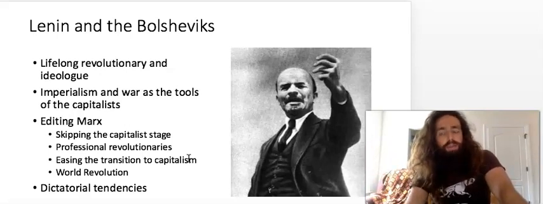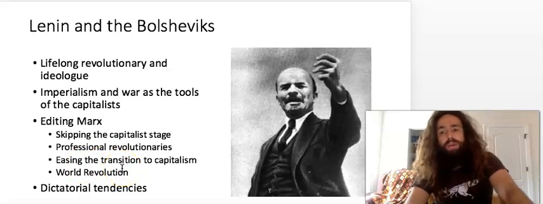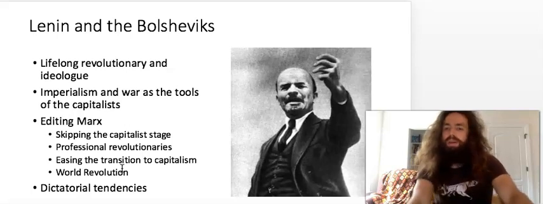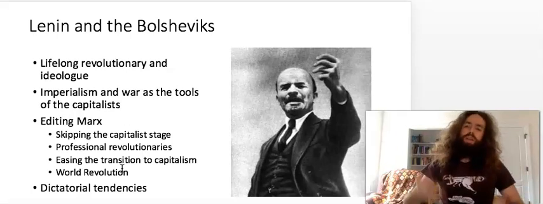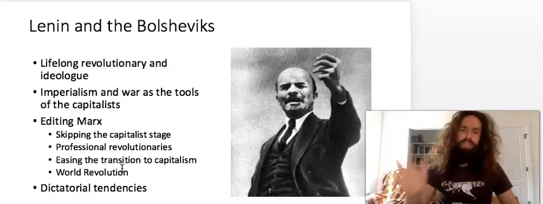And if you wanted to have a revolution in Russia, you had to make up some kind of new justification for it, because Karl Marx would say that it wasn't possible. Lenin also believed that once a revolution happened in Russia, the revolution would then spread from there around the world. And that once every country had its own communist revolution, they would all be able to work together to bring about some sort of world utopia where nobody exploited anybody anymore. So those are some of Lenin's important ideas.